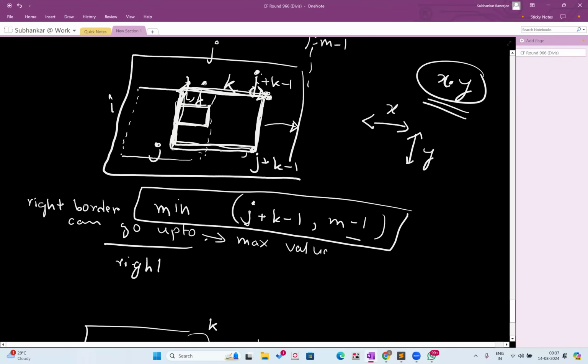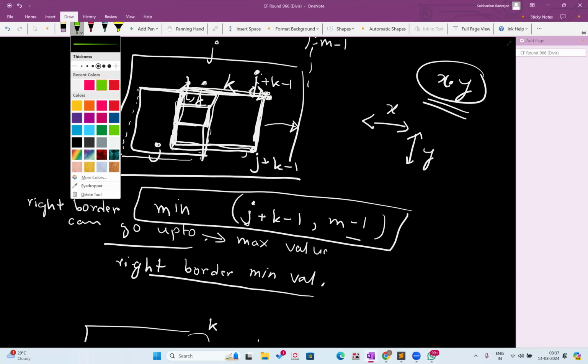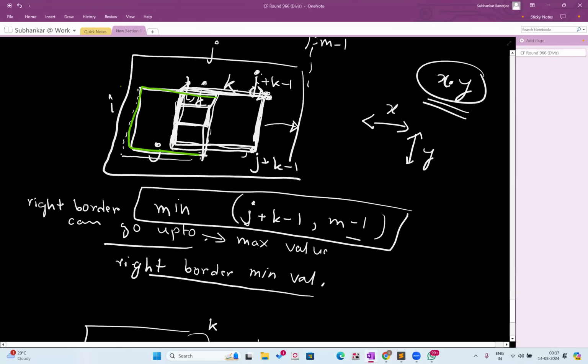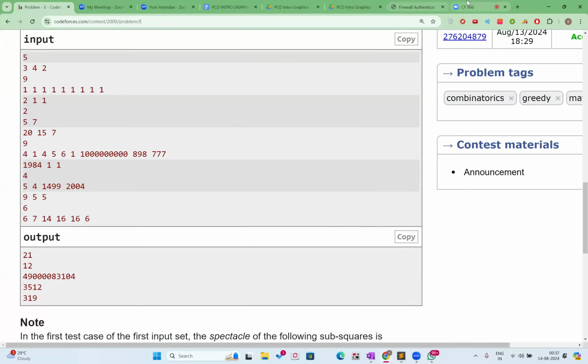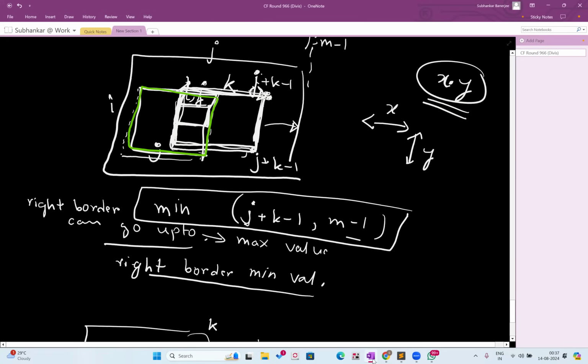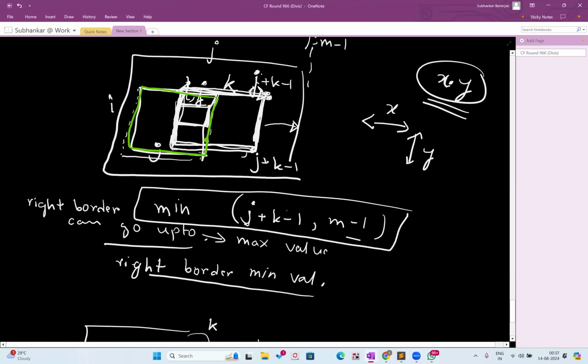Also, the right border's minimum value, I'll just find out. So for the minimum value of the right border, this is the right border, and we have to find the minimum.